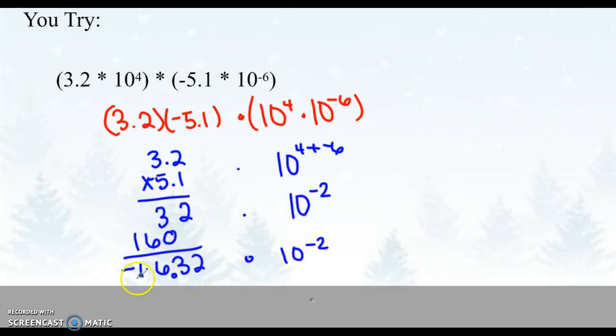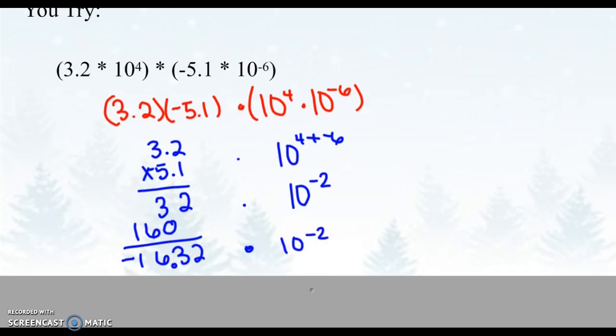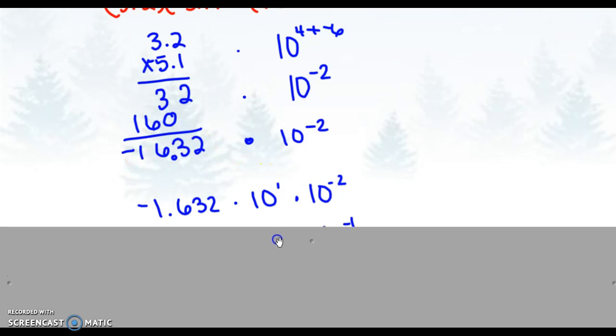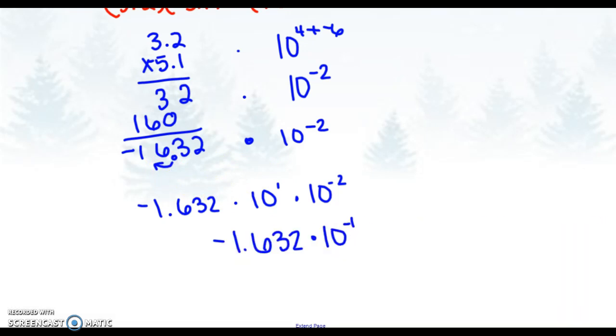And when we do that, we get negative 16.32 times 10 to the negative 2. Problem is, not scientific notation. So we've got to move that over, negative 1.632 times 10 to the first, because we moved the decimal point 1 unit. And then combine your like terms.